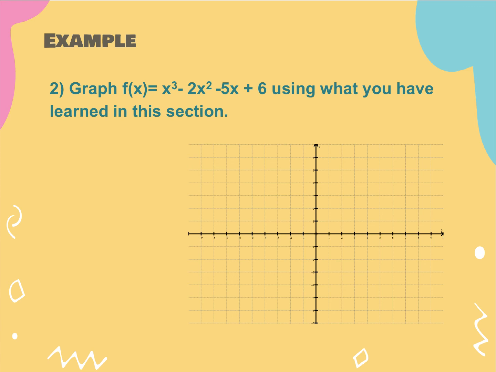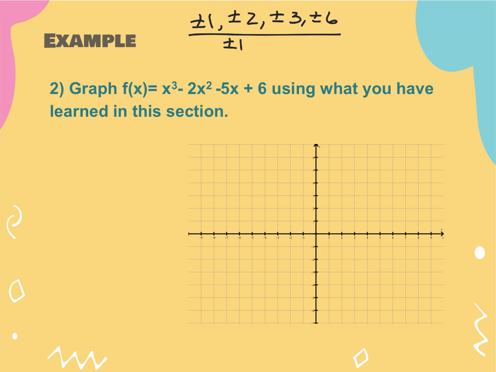So again, if it asks you to list the possible zeros, let's say we weren't using a graphing utility, we would end up putting plus and minus 1, 2, 3, and 6 all over the first, which is just a 1.